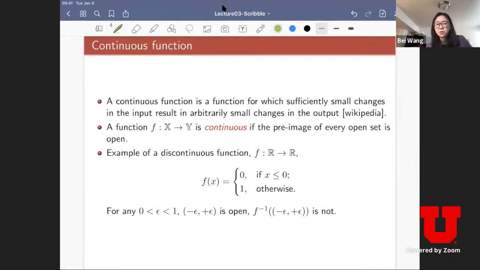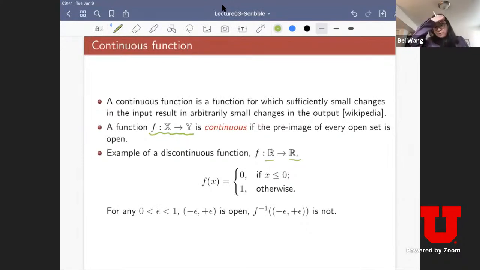It is continuous if the pre-image of every open set is open. Now this function is between a pair of topological spaces. But let's look at the situation where my topological space is just a real line. This is the example that we're most familiar with, a real valued function, okay?